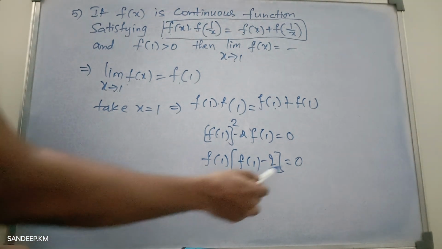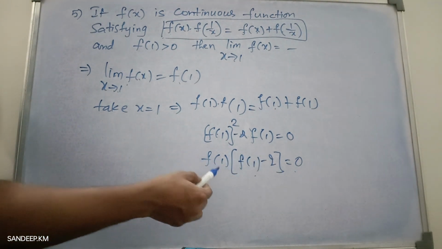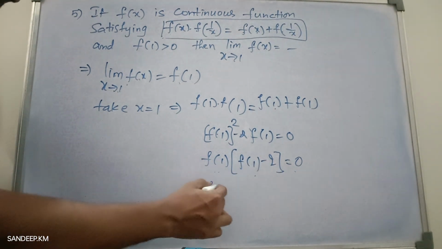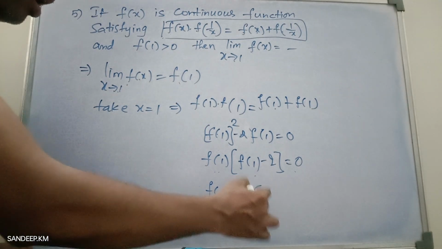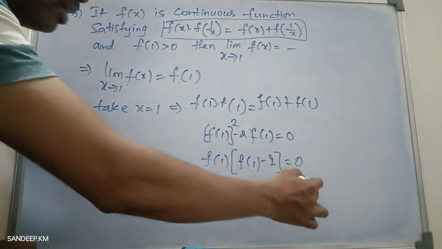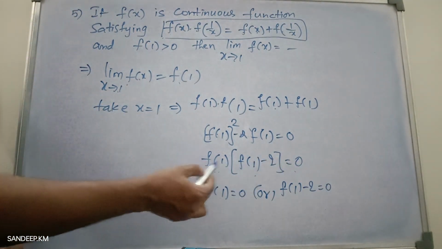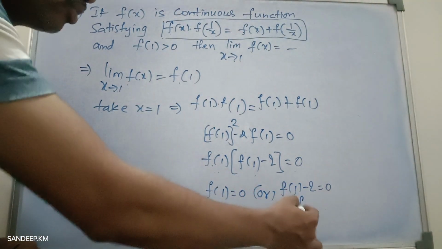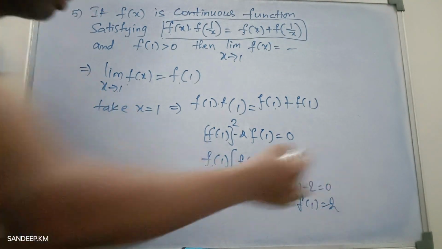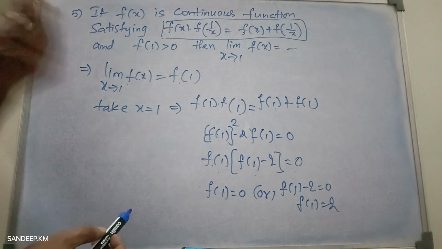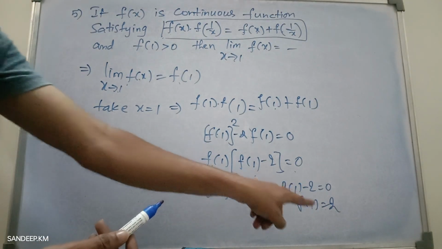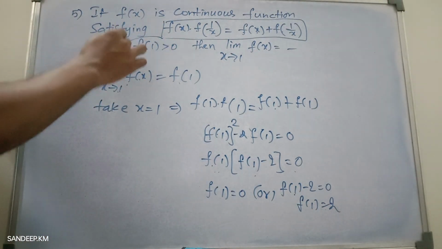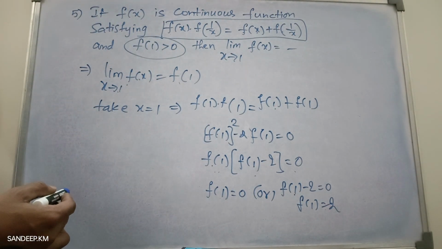The product of two unknown values is equal to 0 means each one is 0 only na? So therefore f of 1 will be 0 or f of 1 minus 2 will be 0. So from this we can say that f of 1 is equal to 2. Therefore, dear students, f of 1 value can be 0 or it can be 2. But look at the condition. The conditions given in the question are very, very important.